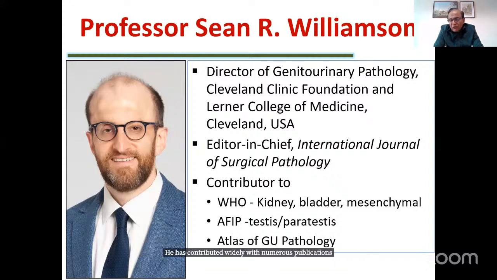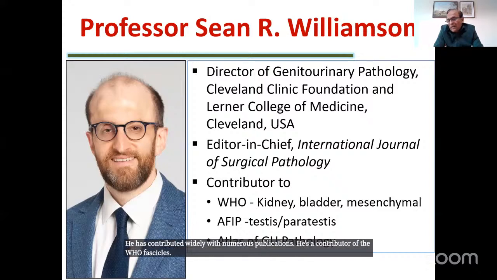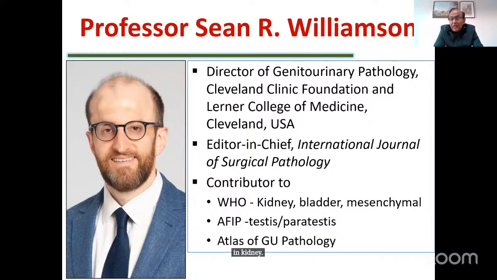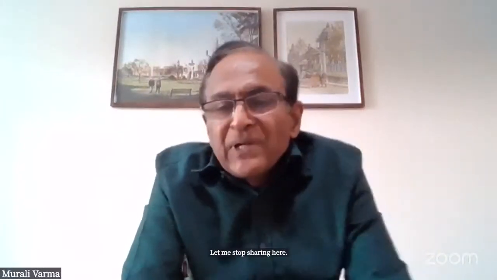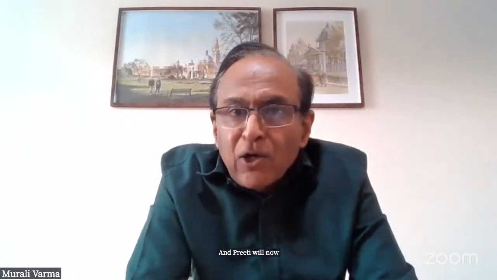He's a contributor of the WHO fascicles in kidney, bladder, and mesenchymal chapters, the AFIP fascicle, as well as the Atlas of GU Pathology. So I will now stop sharing here, and Preeti will now play the recording of Sean's lecture.